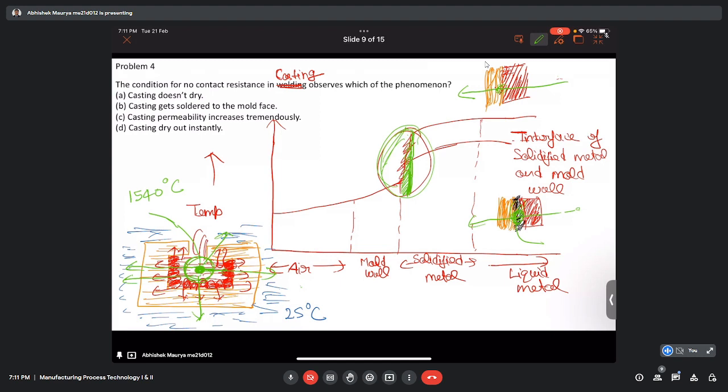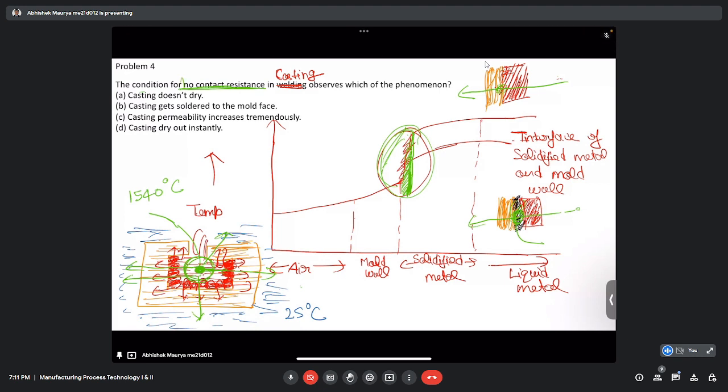Now we will come to the question, the condition of no contact resistance. No contact resistance means there is very good wettability, there is continuity of metal. If continuity of metal is there, there will be no resistance at the contact, and that condition is called no contact resistance.